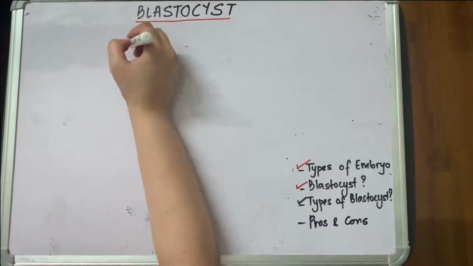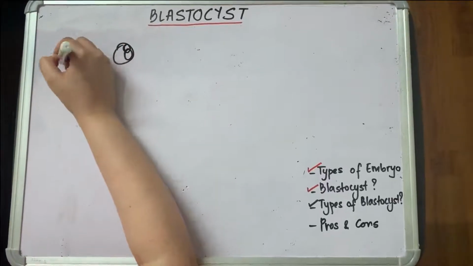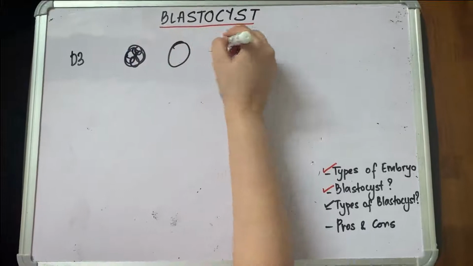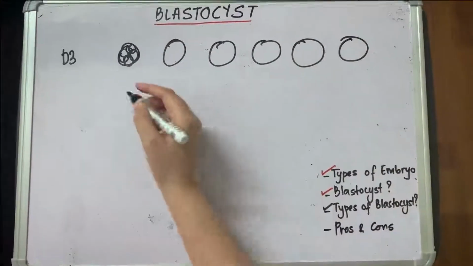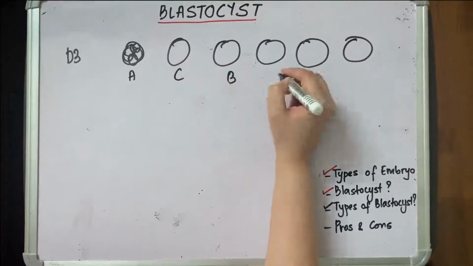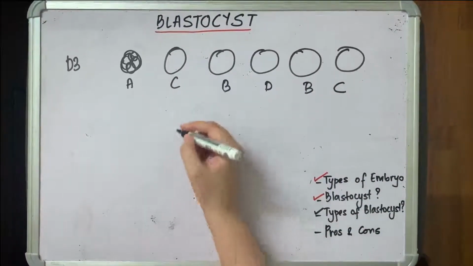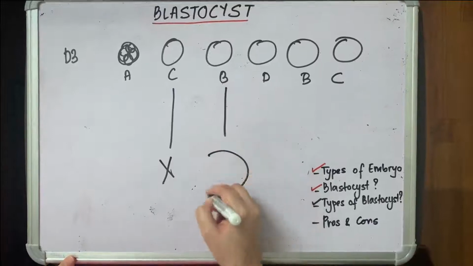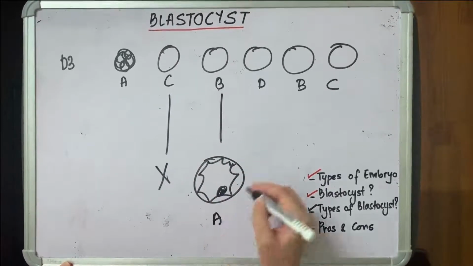What I mean is that suppose on day 3 you have 6 embryos. I'm just going to draw a very rough thing. 6 embryos, and this is grade A, this is C, this is B, this is D, B and C. Now what may happen is that this may not form a blast, this may form a good blastocyst.